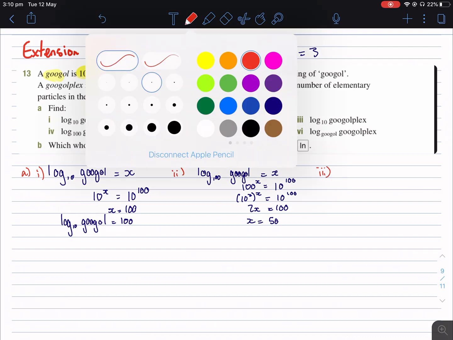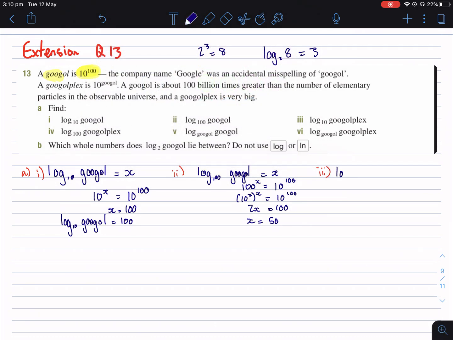Question 3, we're saying log base 10 of a googolplex equals x. Sorry, x equals a googolplex. Now a googolplex is 10 to the googol, which means x is a googol, which is 10 to the 100.